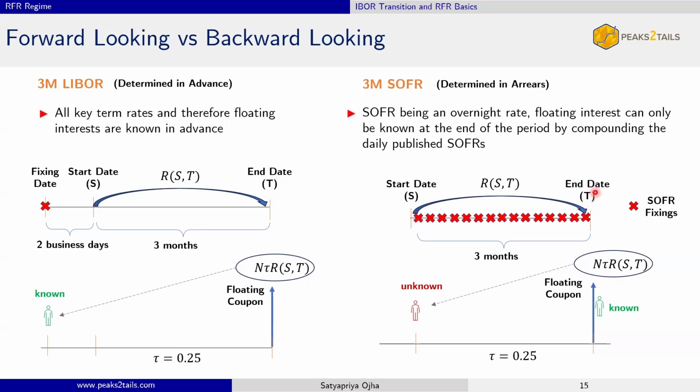It will get updated every day until you reach the end of the contract period. Only then you would be able to compound all these daily rates and identify the actual floating rate coupon payment. So here you can see it is unknown in the beginning, but only when you reach here, then you know what is the rate that is applicable.